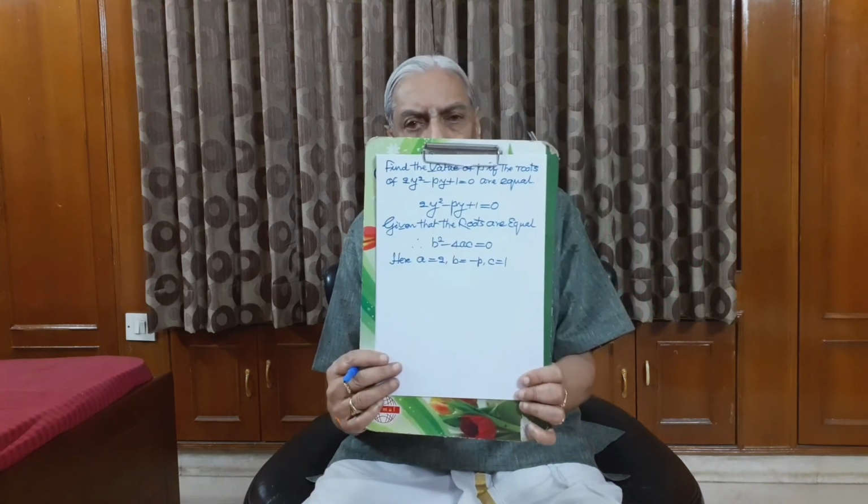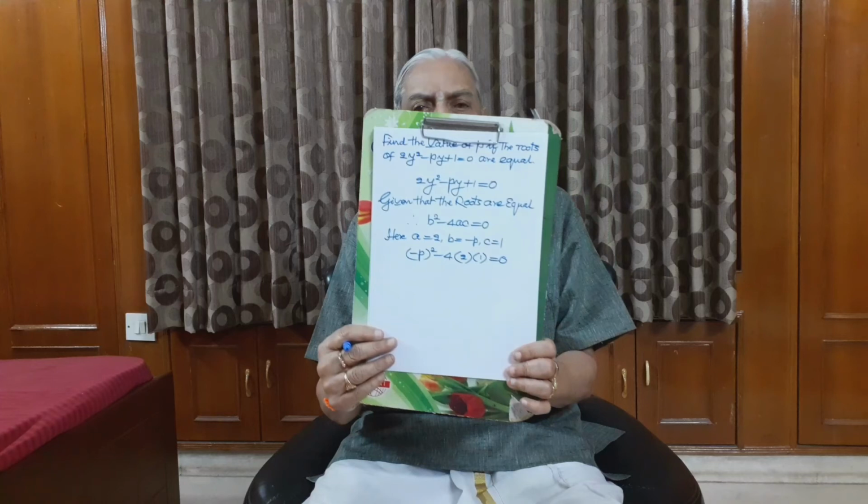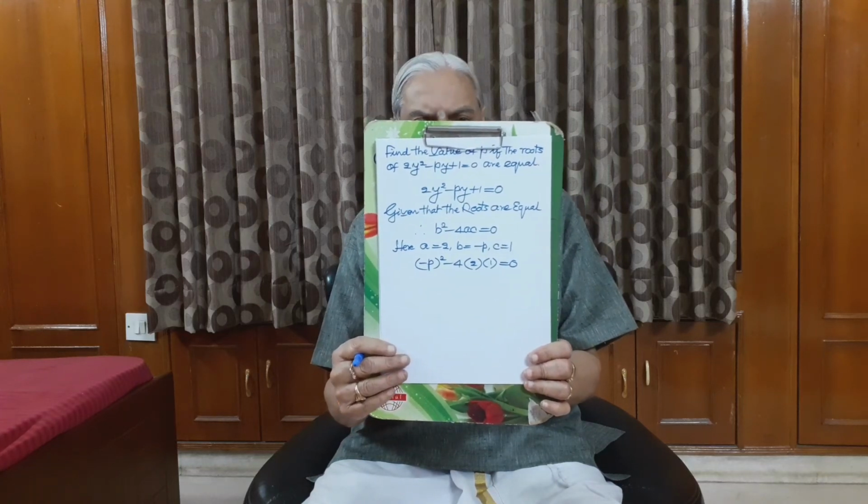What is c? c is equal to 1. Okay. Then apply. b squared, minus p the whole square, minus 4ac. 4 into a means 2, c means 1, is equal to 0. Minus p the whole square minus 4 into 2 into 1 is equal to 0.